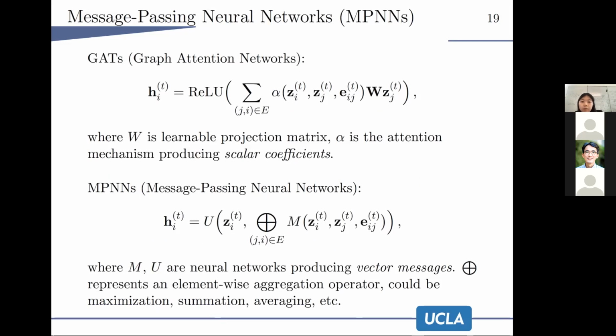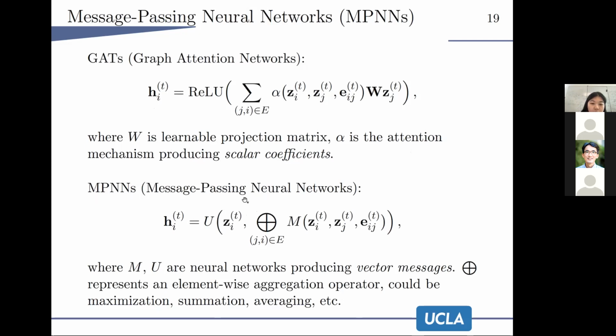And about the message passing neural network, they propose it by comparing it to GATs. Graph attention networks are also used as baseline models in their work. So in GAT, W is a learnable projection matrix, and alpha is the attention mechanism producing a scalar coefficient.